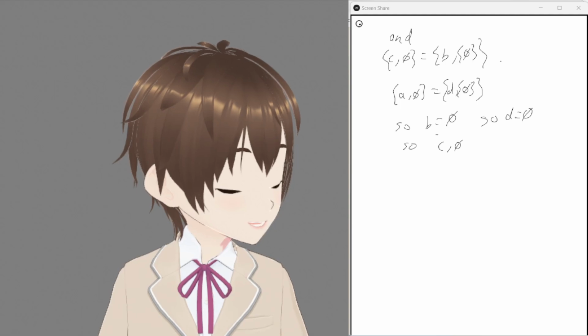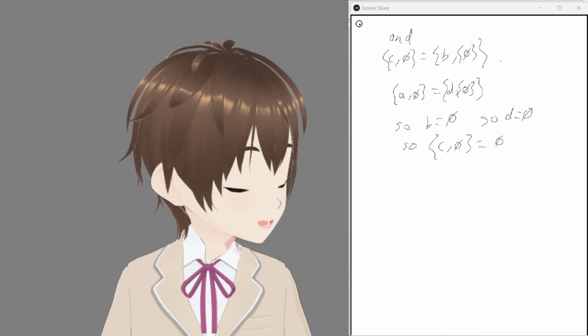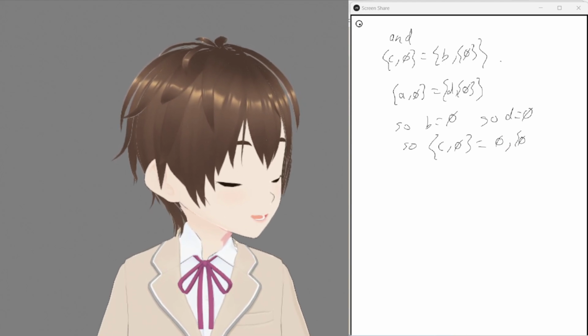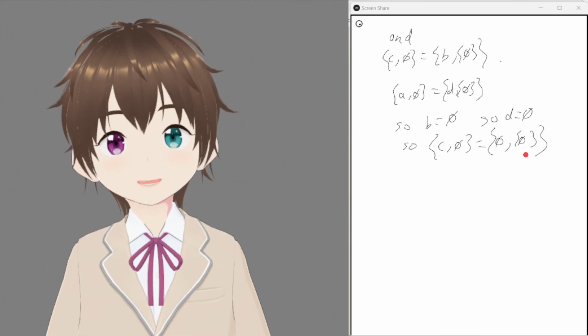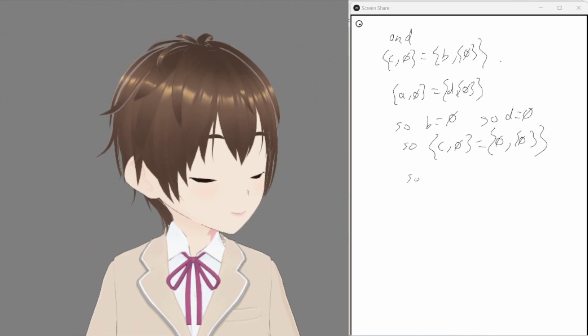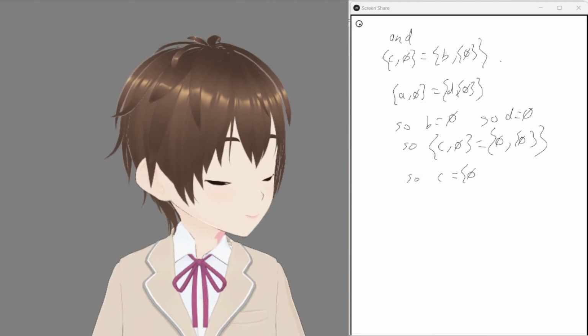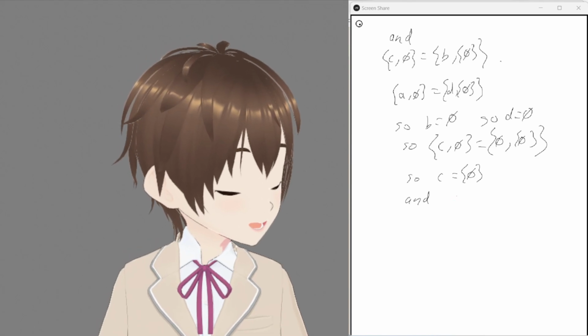C empty set is equal to, here I've got B, which is empty, and I've got the set containing the empty set. Okay, so this set contains the set containing the empty set, and the empty set is not equal to it, which means C is the set containing the empty set. And similarly, I know that A is equal to the set containing the empty set.